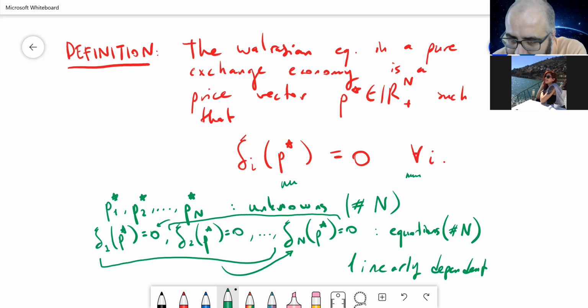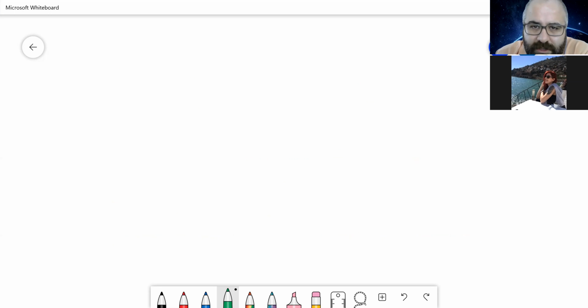So that equation does not give you new, genuine information about prices. So you need to provide that genuine information. Now, there are several ways of doing that. One typical assumption is this: you choose a particular commodity and you assume that its price is equal to 1.